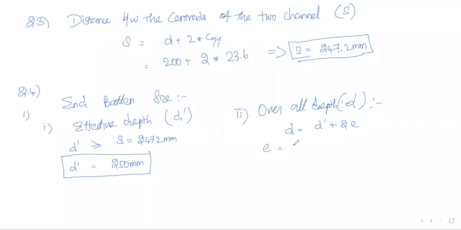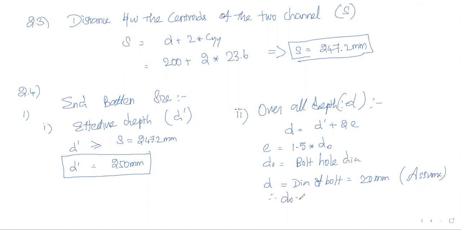So the edge distance formula is 1.5 times D naught, where D naught is nothing but the bolt hole dia. Dia of bolt we have to choose, assuming it is 20 mm. Therefore, dia of bolt hole becomes 20 plus 2, that is 22 mm.